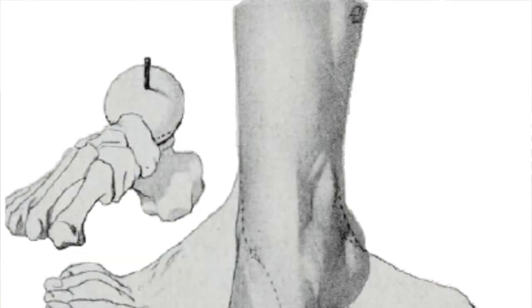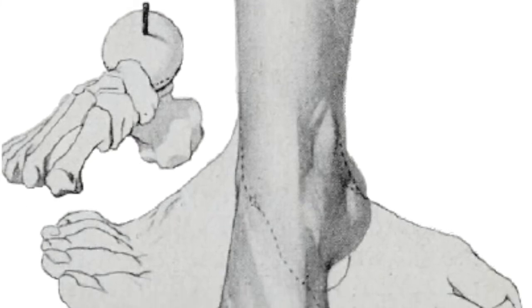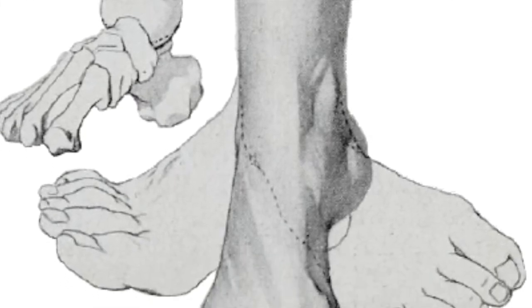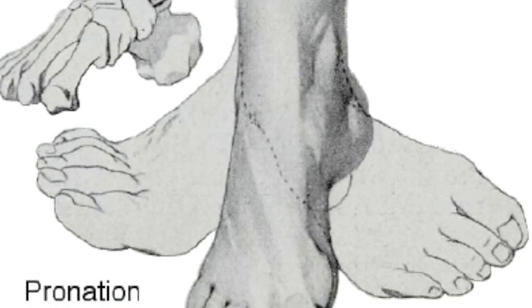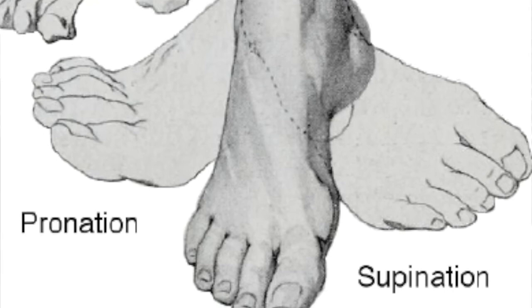Do you pronate or do you supinate? If your genetics says that your foot and ankle mobility is more towards pronation, you're going to have more of a tendency for bunions.